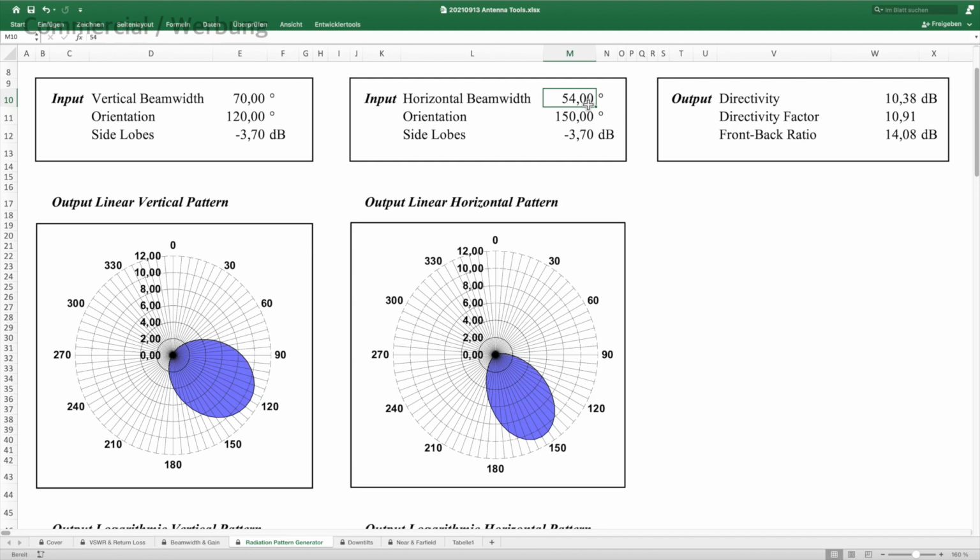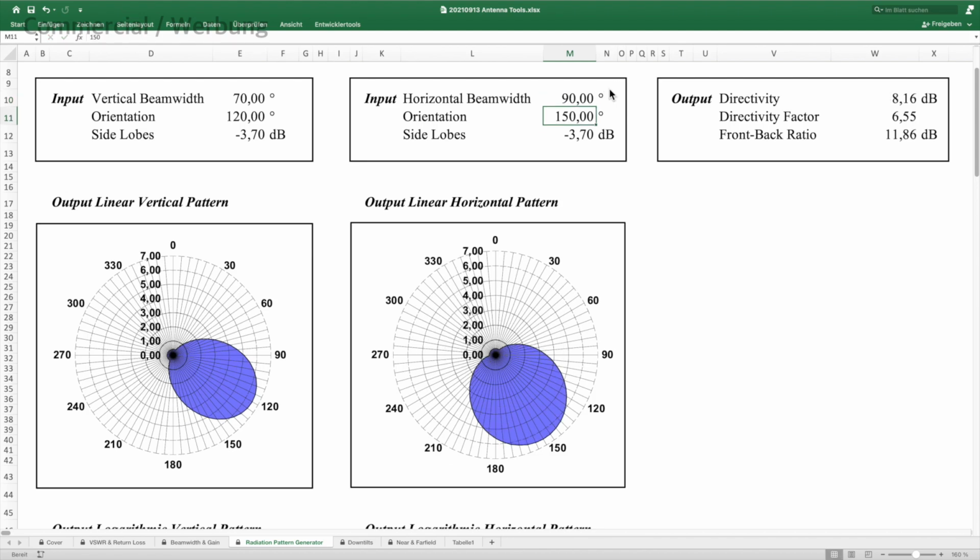If we had another antenna with a different beam width, we also could change the beam width. Say from horizontal 54 to 90 degrees, or even 180 degrees. But let's go back to the 90 degrees here.